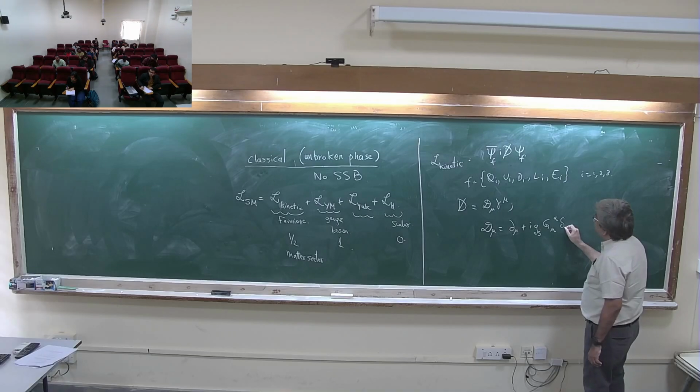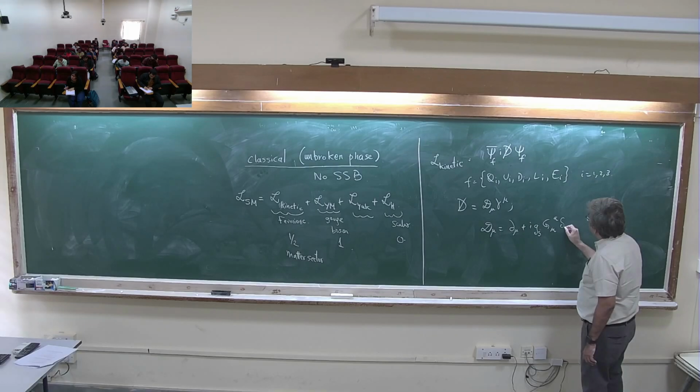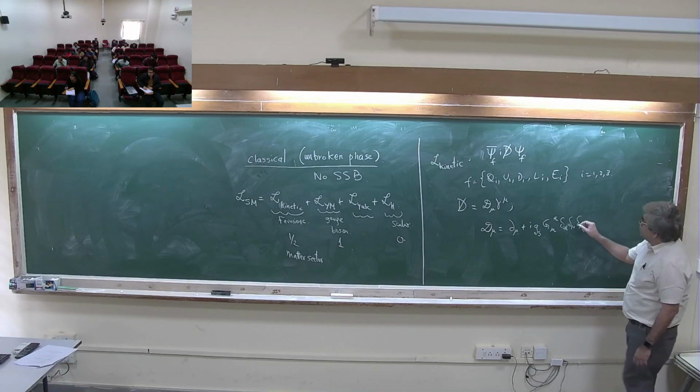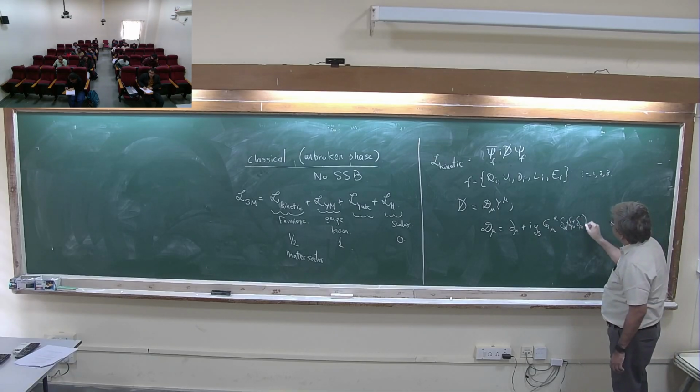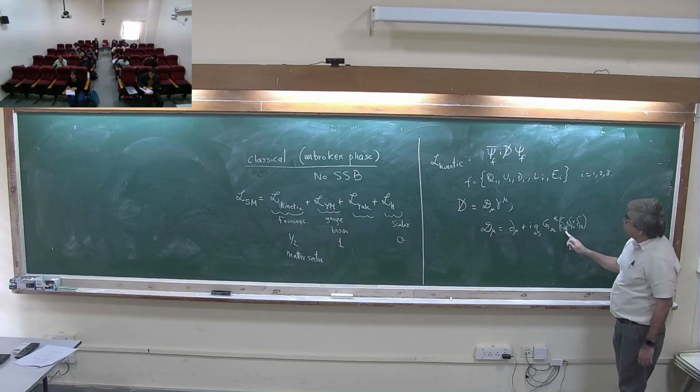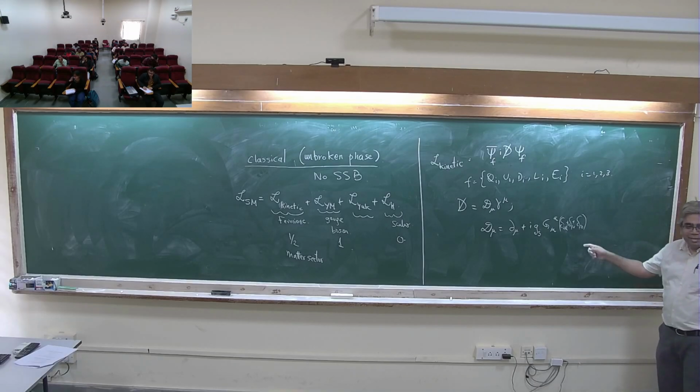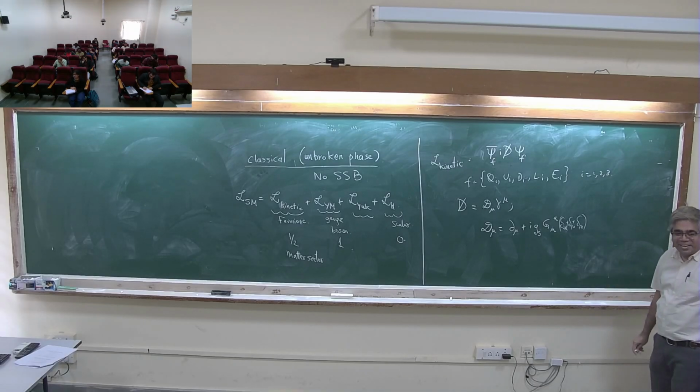I say this will be some delta_f, delta_f Q, delta_f U, delta_f D. So essentially it's only non-zero for quarks. This is a terrible notation, but you don't have to follow it.